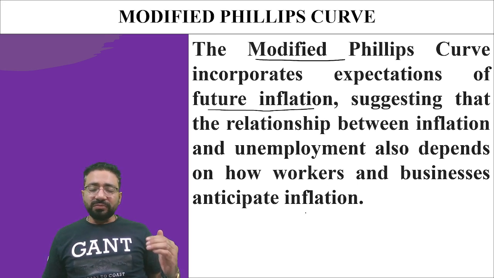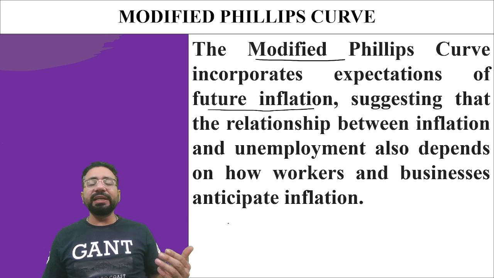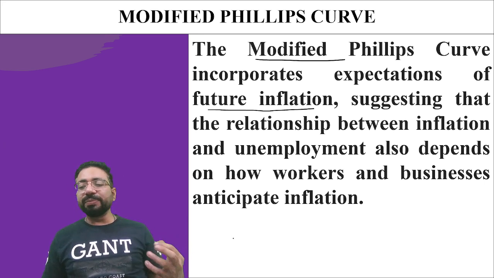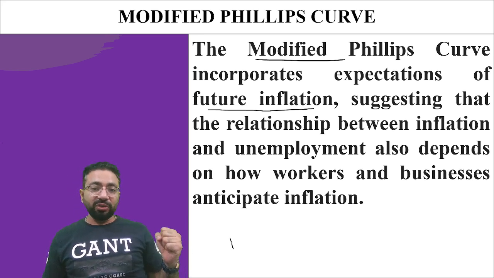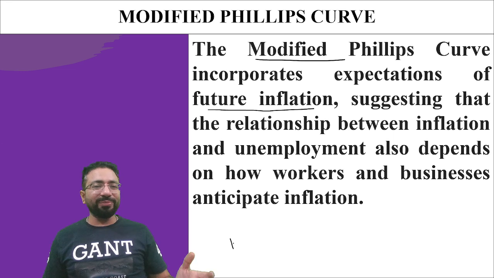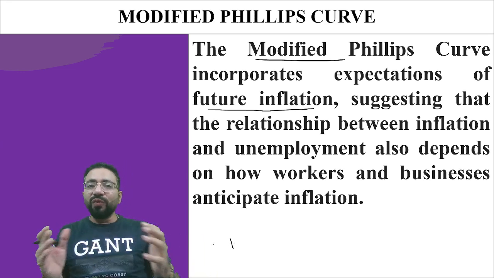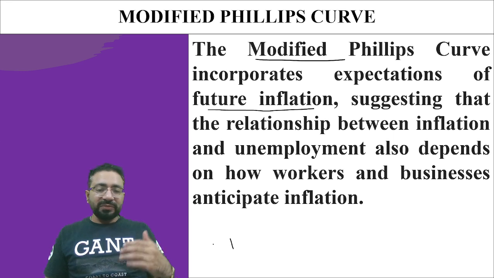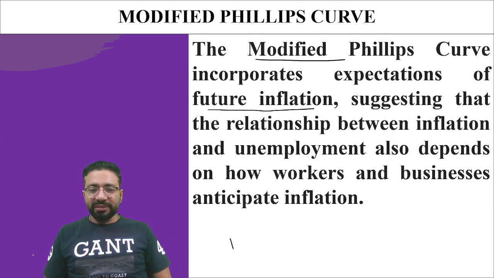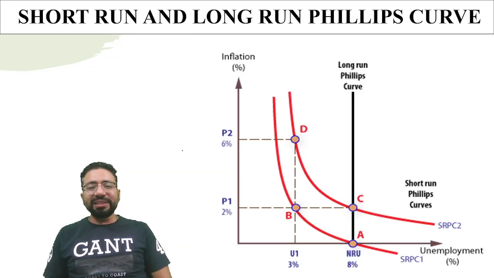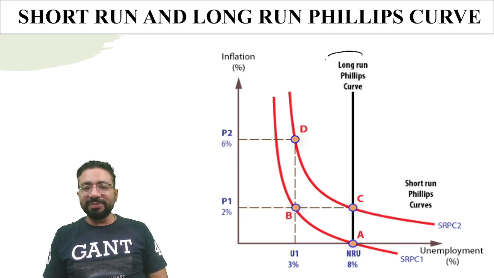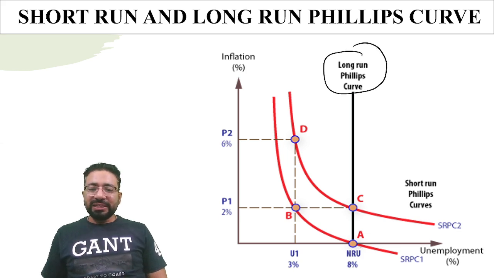They made the modification with several anticipations. That anticipation is known as NAIRU, non-accelerating inflation rate of unemployment. That means it is an assumption that inflation won't cause any change in unemployment. So this is your long run Phillips curve, that is based on an assumption.